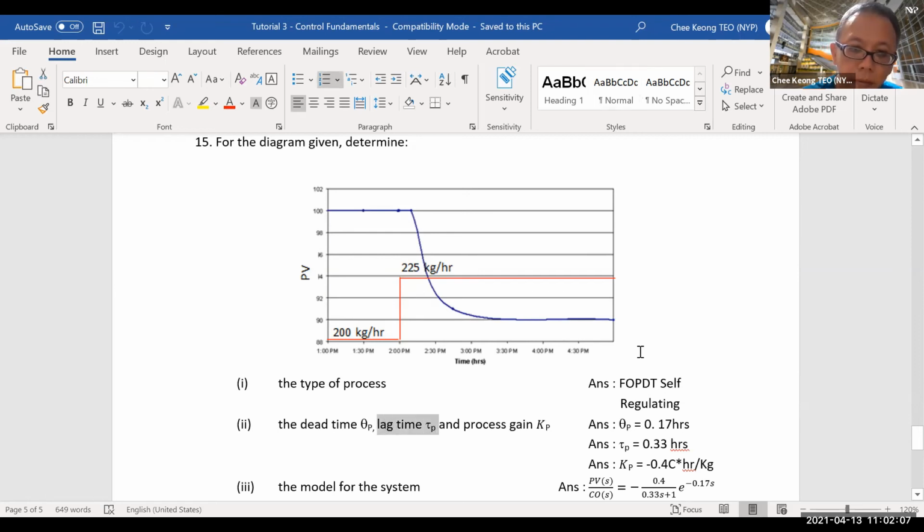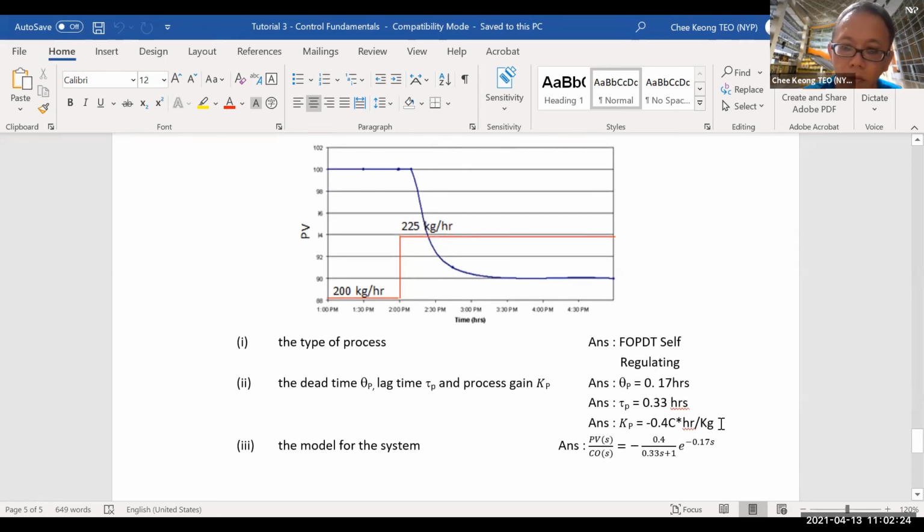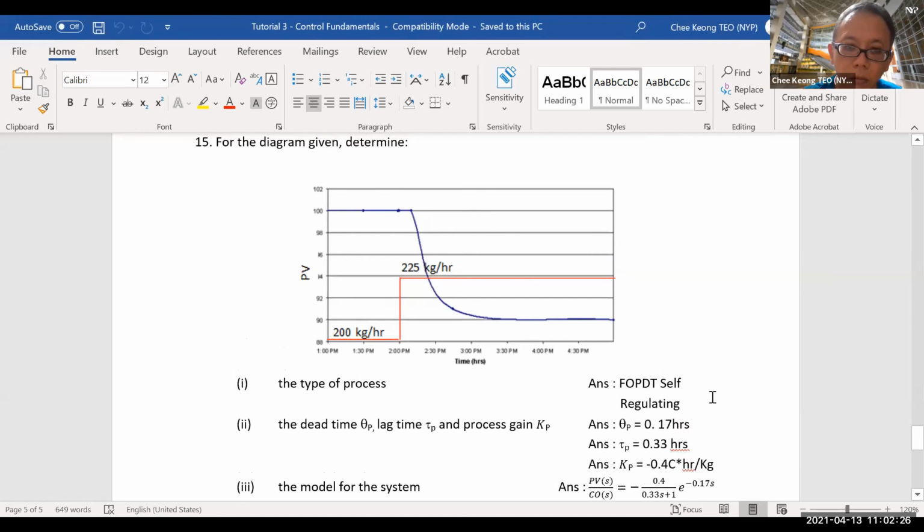Now for the gain, it will be the output, which is 100 minus 90, which is 10, divided by the input. Input is actually 225 minus 200, which is 25. So 10 divided by 25, you would have 0.4 degree per hour per kilogram.